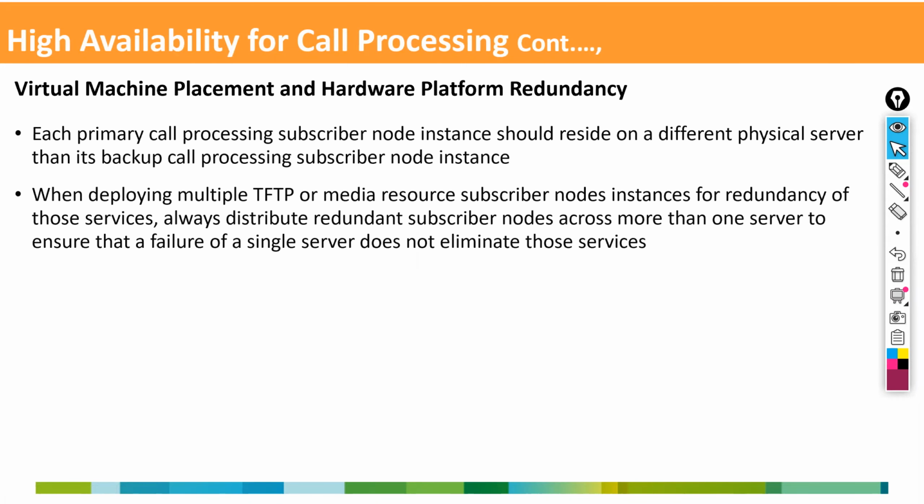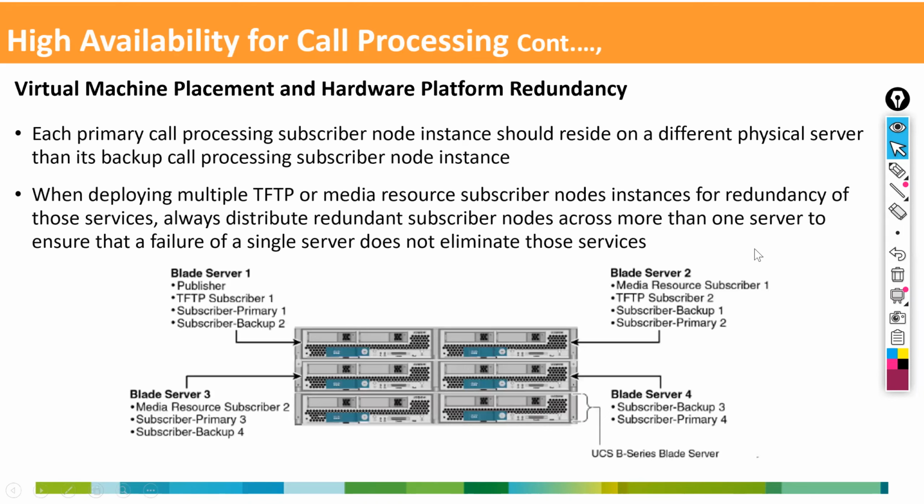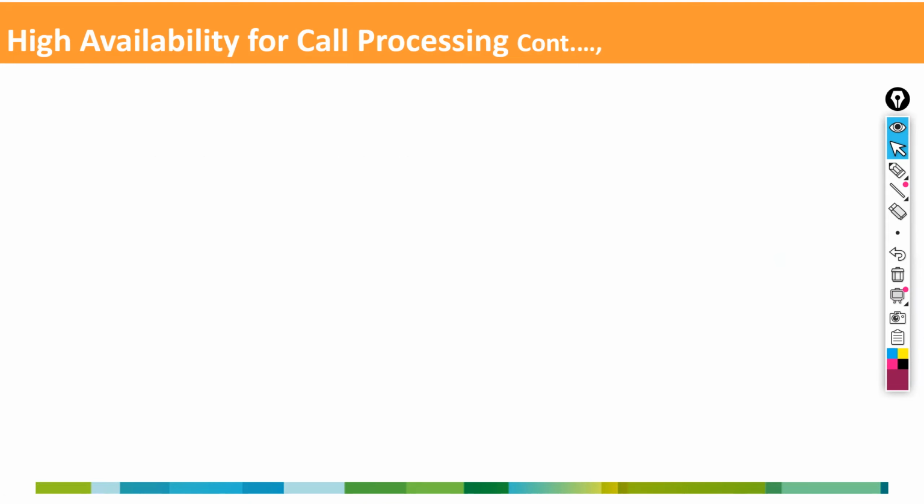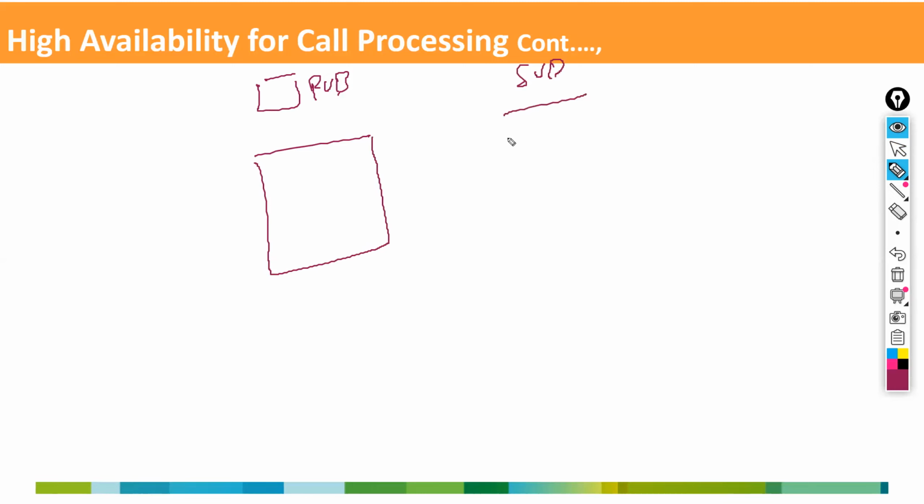Virtual machine placement and hardware platform redundancy also we have. You have publisher and subscriber servers. If you want to install them on hardware, we also require redundancy in the hardware. The publisher server you will install on one server, and the subscribers you will install on separate servers.